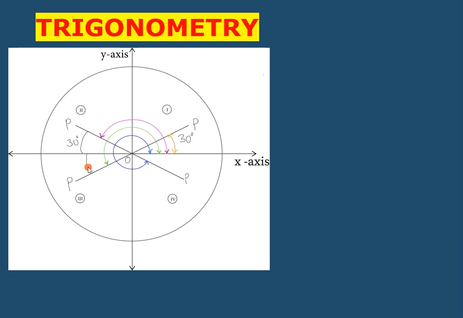The same applies to this 30 degrees and this one. So in all the quadrants, OP is inclined at an angle of 30 degrees to the x-axis.